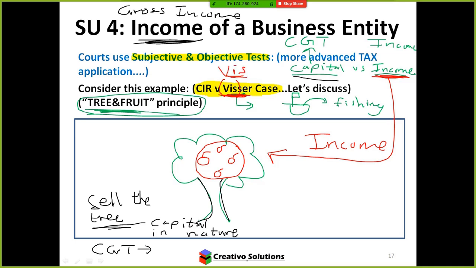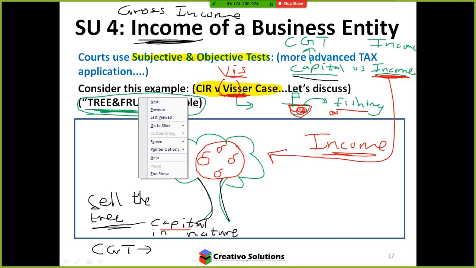I'm just thinking about fishing. When I think about fishing, I'm looking at the boat and then I'm looking at the fish. Obviously, if I'm catching fish, fish is the income, the boat is the capital. Does that make sense? So that's the tree and the fruit principle. That's how I remember this principle: tree and the fruit, first case.